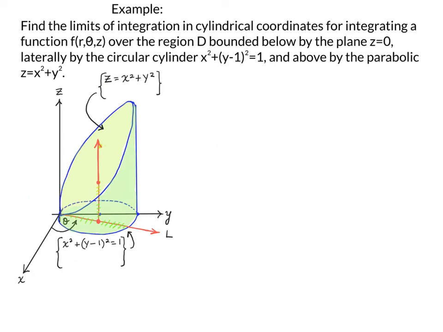Okay, so what we have is the cylinder of the equation here, x squared plus (y minus 1) squared equals 1. It is in the xy plane, it is a circle of radius 1, so it's this circle. And the circle continues up.